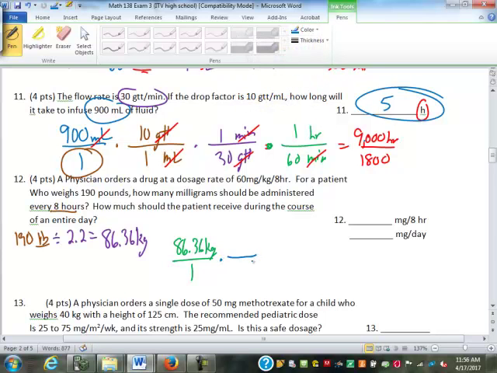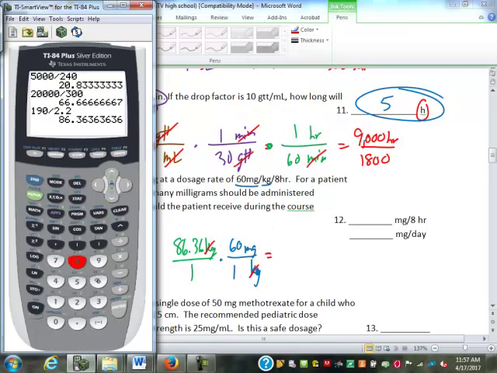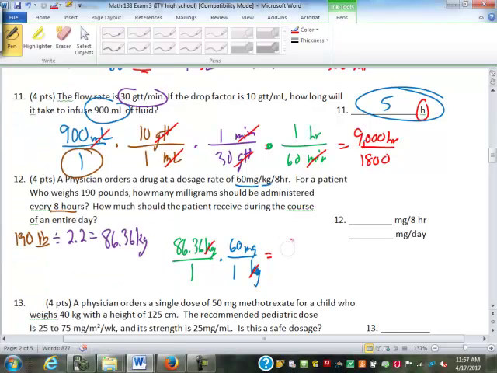We have to get rid of kilograms, converting into medication of milligrams. We have 60 milligrams per kilogram, so 60 milligrams per 1 kilogram. Cross that out, that's 86.36 times 60 gives us 5,181.6 milligrams. The time frame there is every 8 hours.